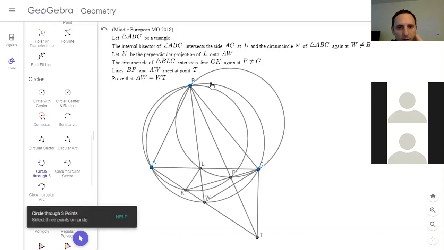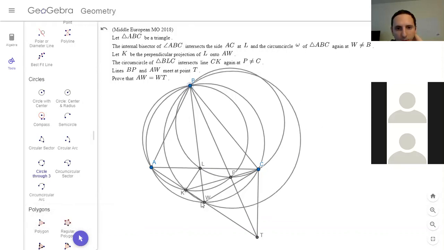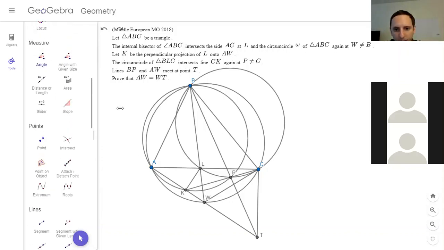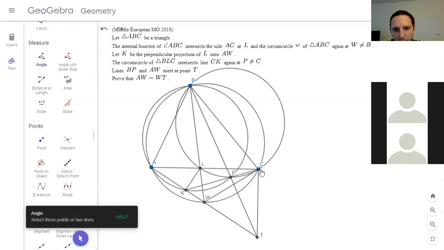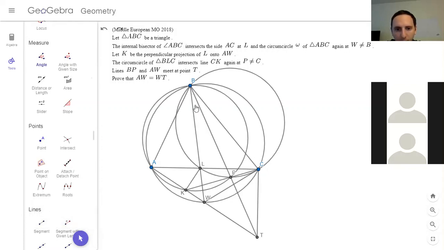BKWC would be cyclic. Let's see. No. Actually, it must be right. I guess the similarity is wrong. I'm a little skeptical they're similar. You said BPK is similar to BCW. Let's see. Yeah, no, they're not similar.